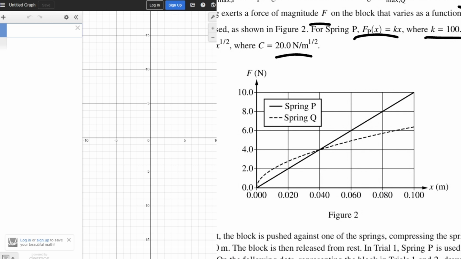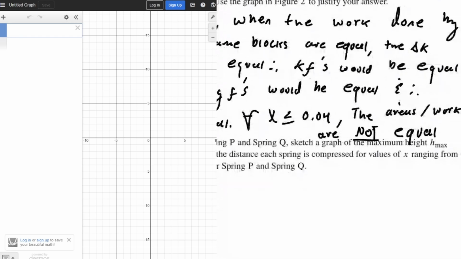Let me just erase this so we can see it better. The area under the graph at this moment will always be this triangle, but the spring Q graph will always have this little section on top. So it has to occur later, here-ish, or maybe even further than that, is when the works would be equal. So it has to occur after.